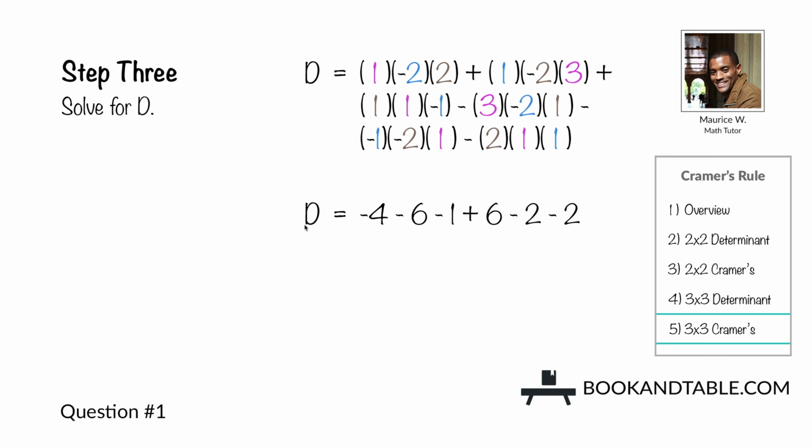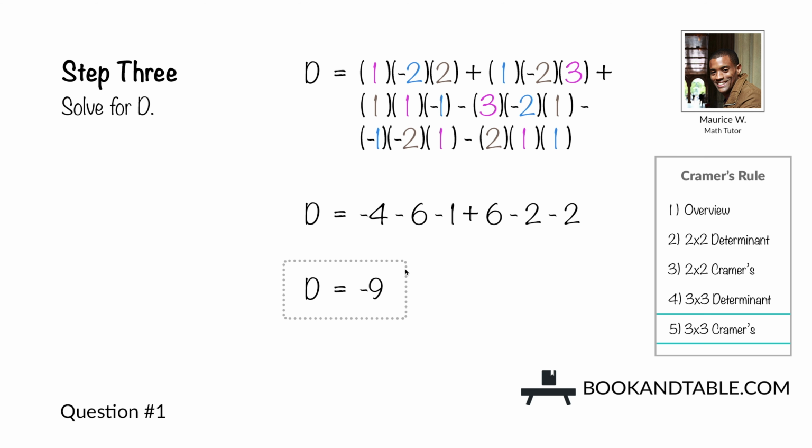So we see D is equal to -4 minus 6, which is -10, minus 1 is -11, plus 6 is -5, minus 2 is -7, and minus 2 is -9. So we get D is equal to -9.